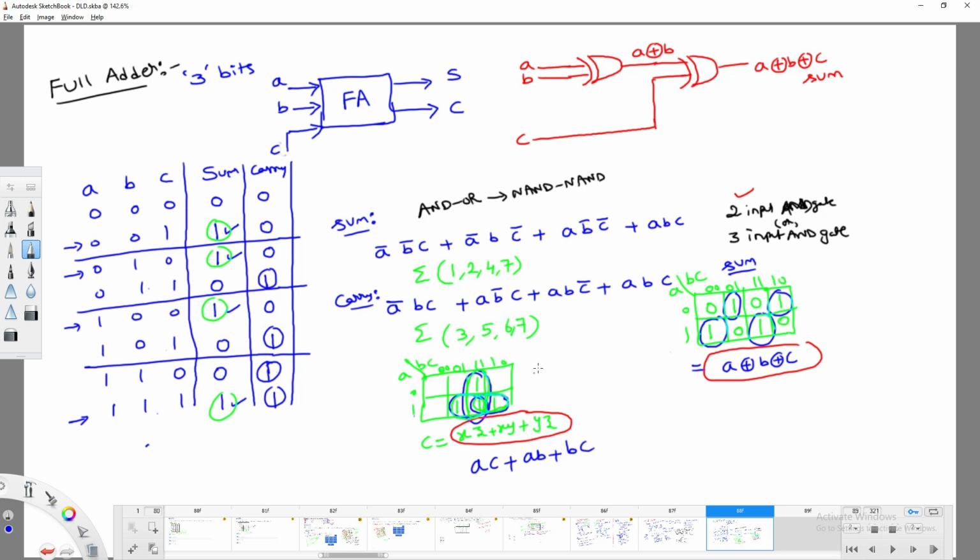So for this, you can simplify it to the circuit, but whatever way you construct it, that is correct. For example, I am trying to do AC.